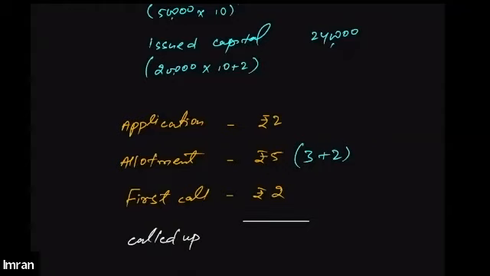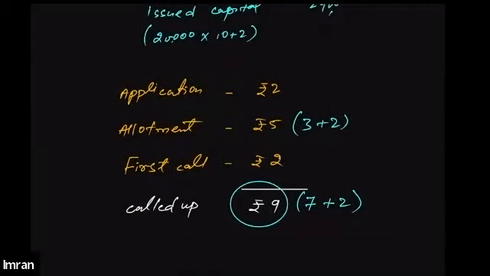Total 9 rupees has been called up. That includes 7 rupees of the face value of the share plus 2 rupees for the premium. The company is not raising the entire 10 rupees of the share. Instead, the company just called for application, allotment and first call. The remaining will be called on the final call, but as of now, the company has just called up 9 rupees.